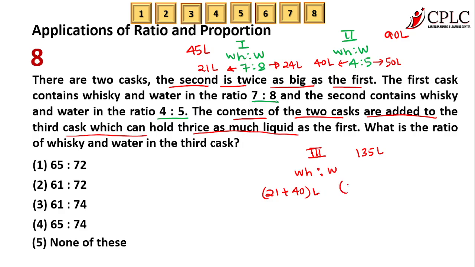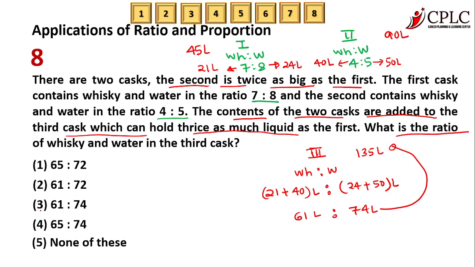Then water, from the first one 25, from the second one 50. If we do that, 61 liters, 74 liters. If we do the total of both it gives us 135, which is three times that of the first one, which matches.